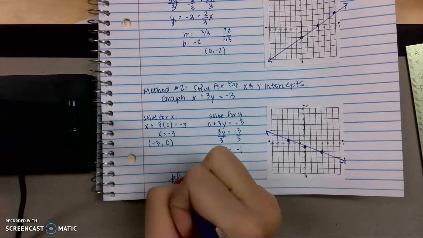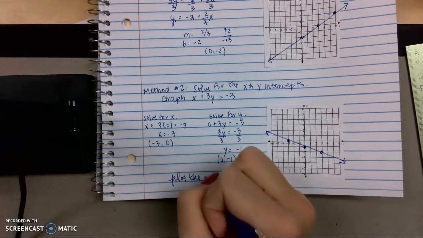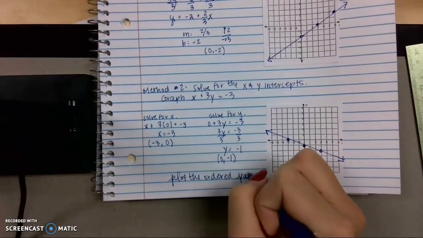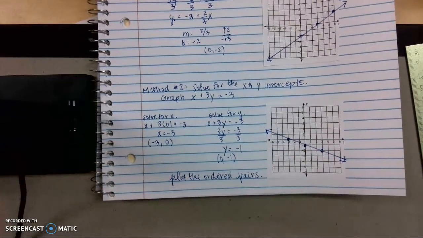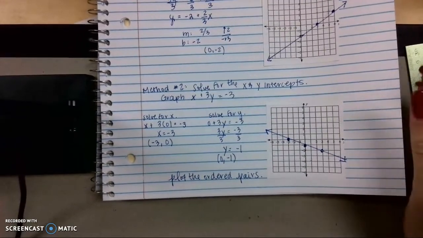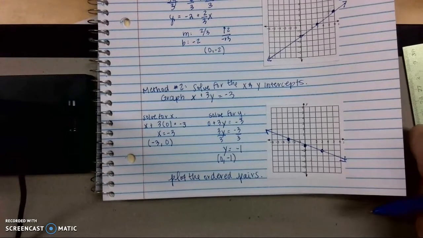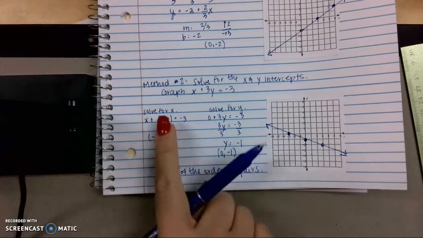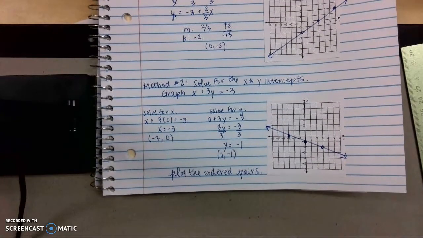I'm just going to write a little note here, plot the ordered pairs. Okay, so I have 3 points there. You guys can choose whichever one works best for you, but this is really nice and quick for problems that are set up in standard form.